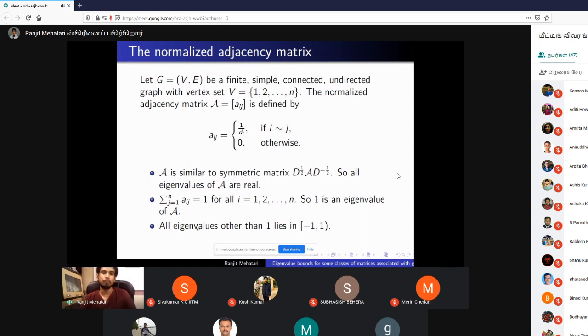So from the Perron-Frobenius theorem, all eigenvalues other than 1 lie in the interval [-1, 1), and -1 is an eigenvalue if and only if the graph is bipartite.